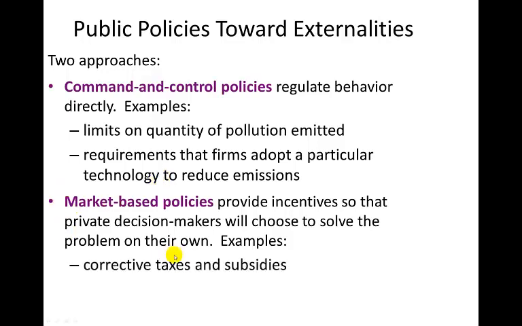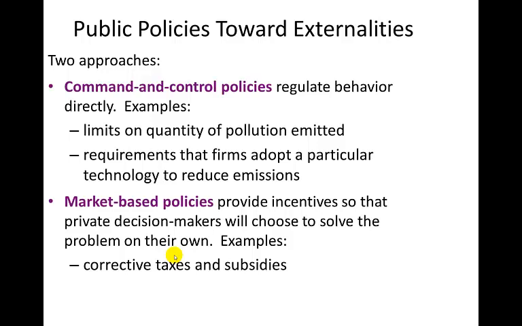So if we have pollution, we could think about taxing carbon. One policy that economists are very much in favor of is taxing carbon. You tax carbon, you set the tax equal to how much negative externality each unit of carbon produces, and then you just let the market go.